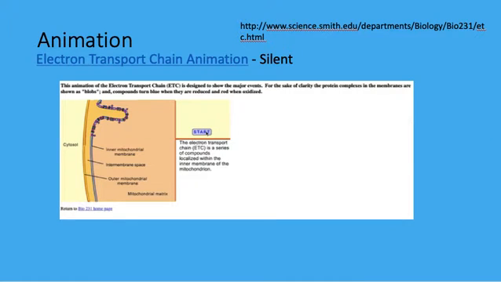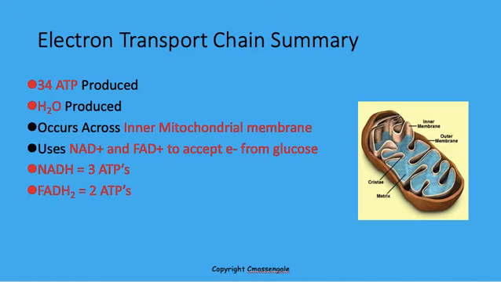If you're in class, we're going to walk through this animation a lot. I'll post the animation so you can walk through it yourself. It's really helpful. Here's our summary of the electron transport chain. We typically get 34 ATP, and we get water. This occurs in our inner mitochondrial membrane, the part that's folded back and forth, and we use NAD plus and FAD to accept electrons from glucose.